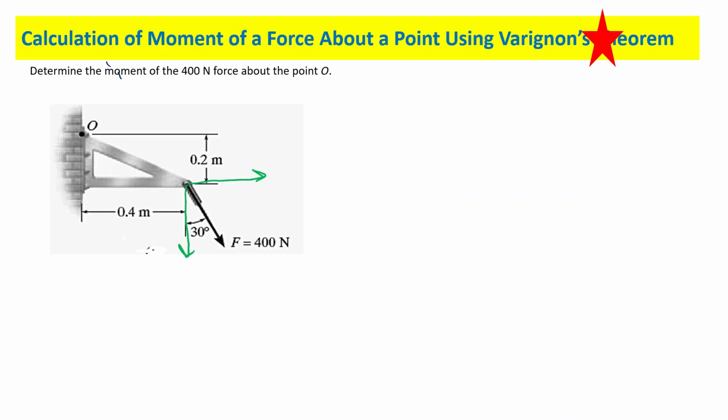When you divide this into two components, what is the y component? 400 cos 30. How do you remember this? Towards the known side. If you know the 30 side, the known side is cos.